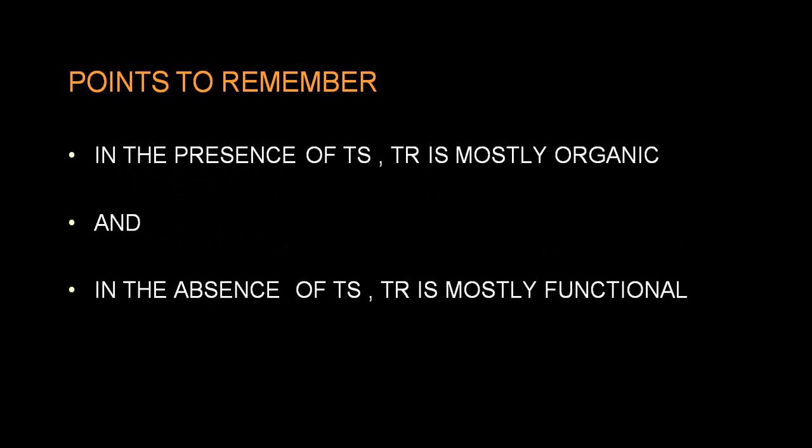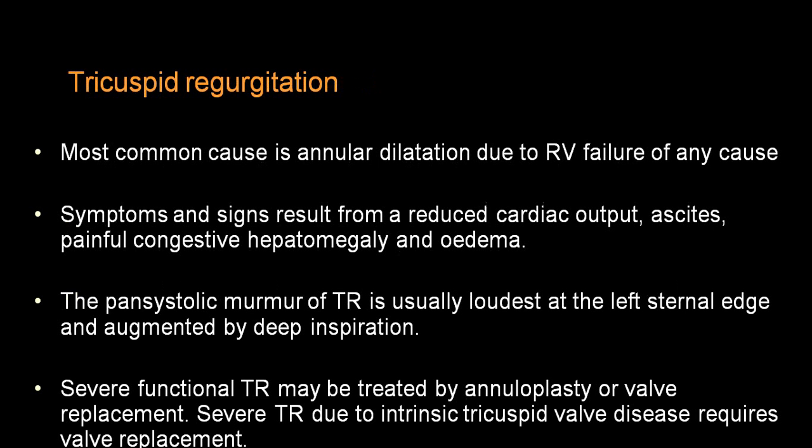In the presence of TS and TR, mostly it is organic. In the absence of TS, TR is usually functional. Tricuspid regurgitation is very commonly functional. Very frequently, valve involvement producing tricuspid regurgitation will be because of infective endocarditis, post-surgical, post-traumatic causes, more common.